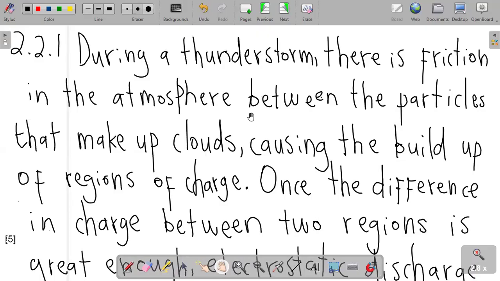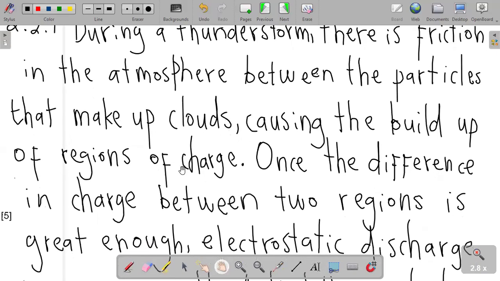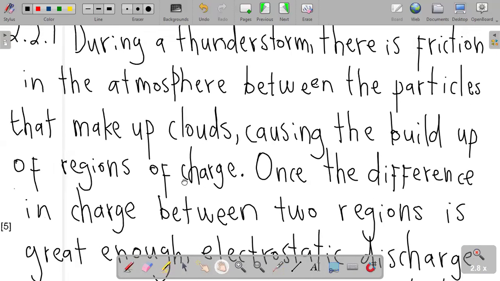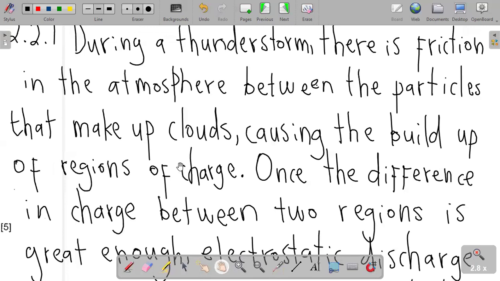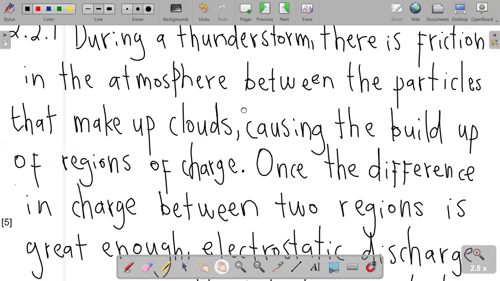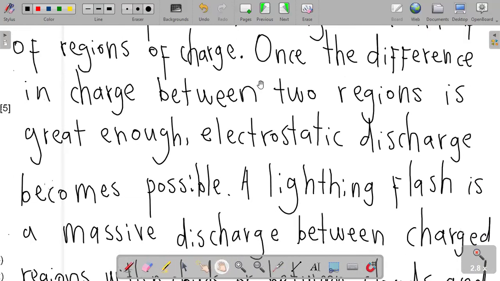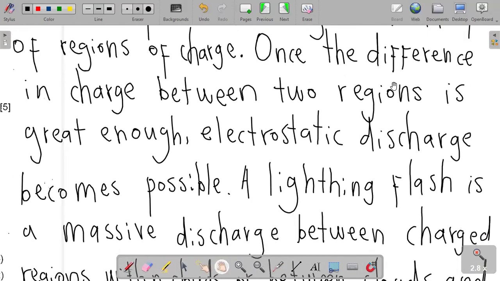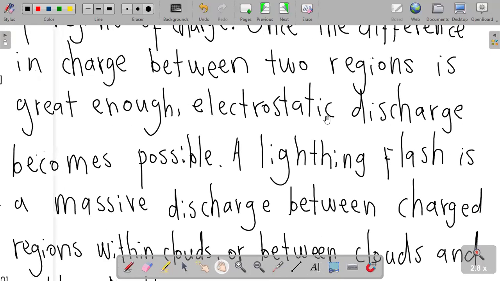Remember, guys, a charge is caused by friction, which is rubbing of materials or objects. Once the difference in charge between two regions is great enough, electrostatic discharge becomes possible.